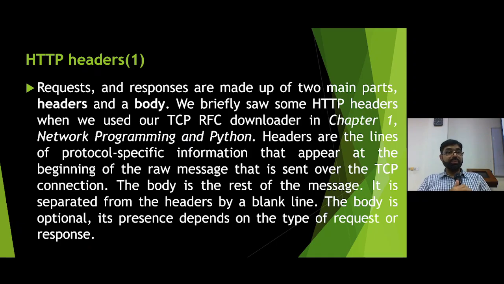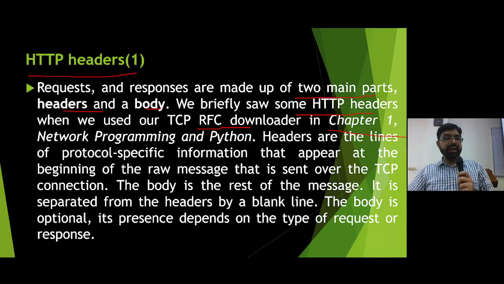So now HTTP headers. HTTP headers are also a very important feature in HTTP. Request and response are made up of two main parts, headers and a body. We briefly saw some HTTP headers when we used the TCP RFC downloader in chapter 1.